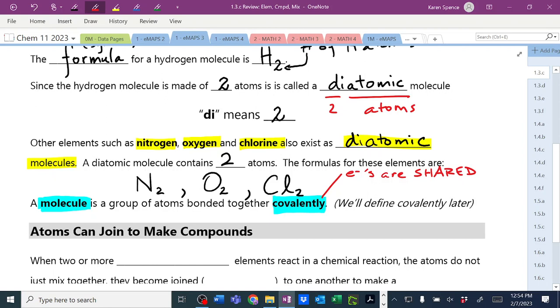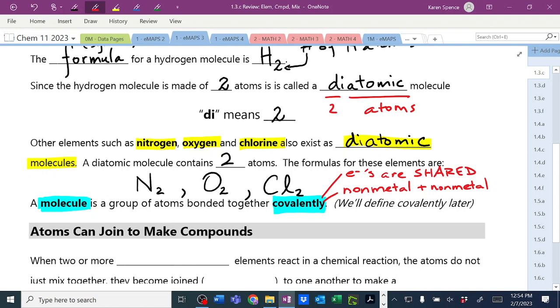Does anyone know what types of elements are involved in a covalent bond? Non-metals. Non-metal plus non-metal. No metals, just non-metals. Do you guys remember where the non-metals are on the periodic table?